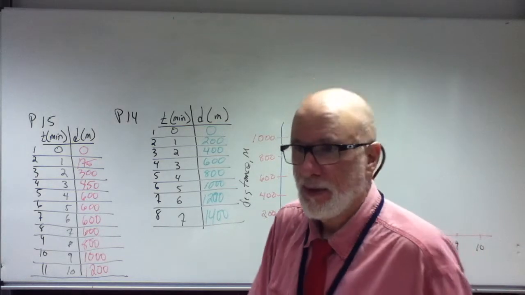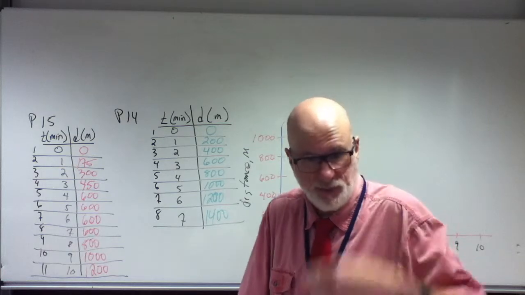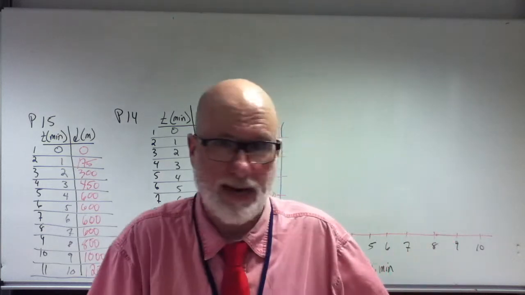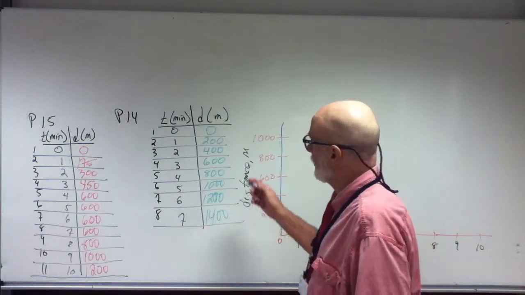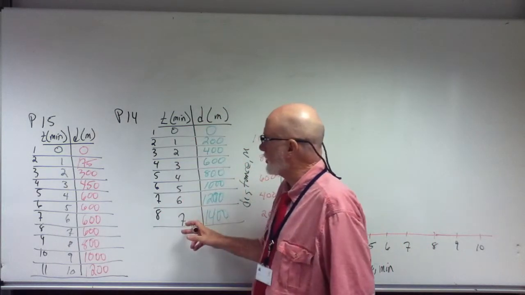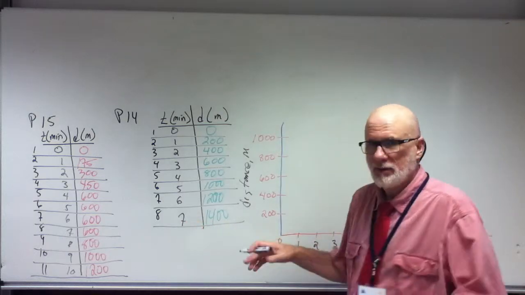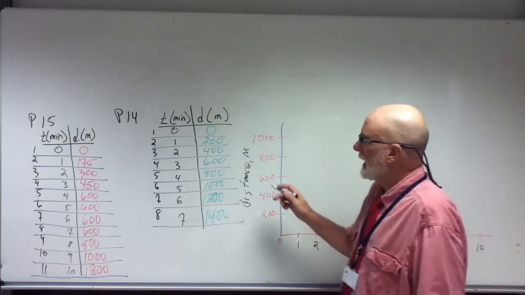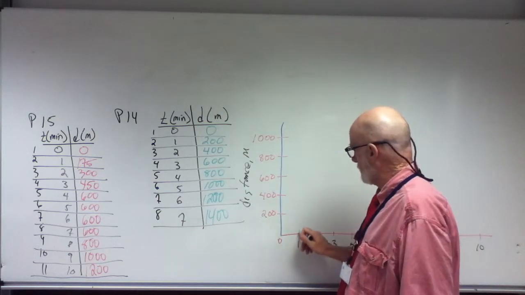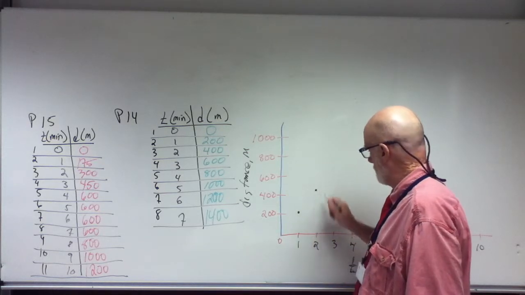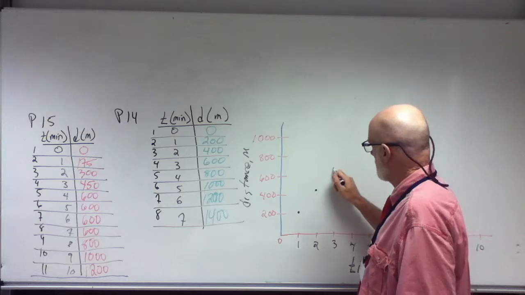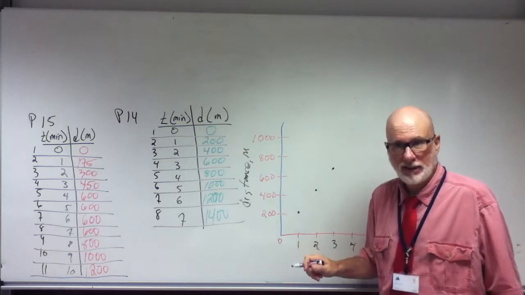Okay, now, then when you want to graph it, in this particular case, we can put both graphs, both plots on the same graph, okay? So, when you graph them, graph this one first, page 14 first, really doesn't matter. And then, you're going to say 1, 200, and then 2, 400, and then 3, 600, etc. Clear?